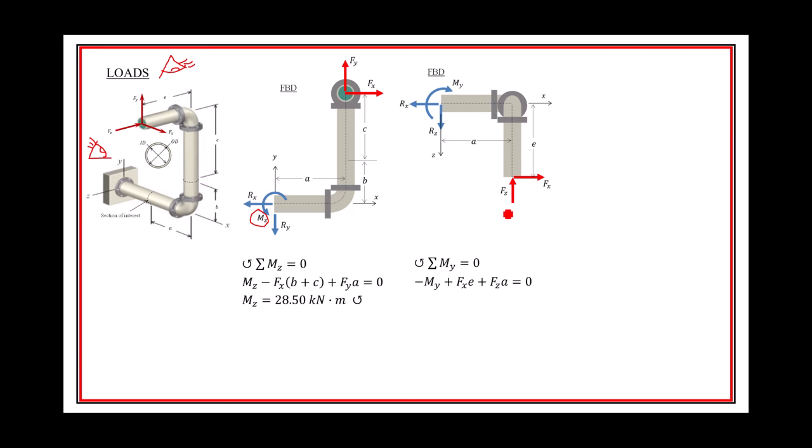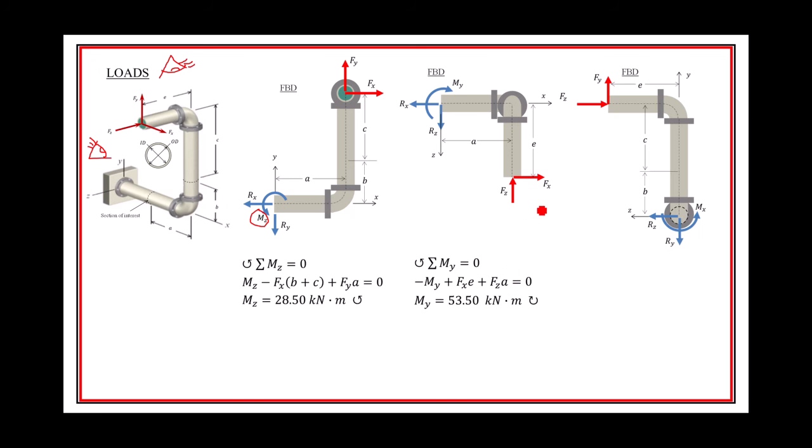We could actually predict, because both FX and FZ will tend to create a counterclockwise moment, that my reaction moment needs to be clockwise. I plug the values in there, and I get 53.5 kilonewton meters clockwise. And then lastly, I do the YZ plane, looking over from this direction right here at the thing.